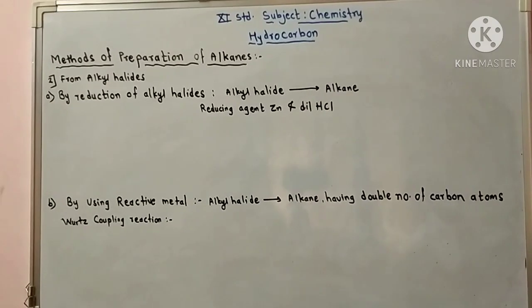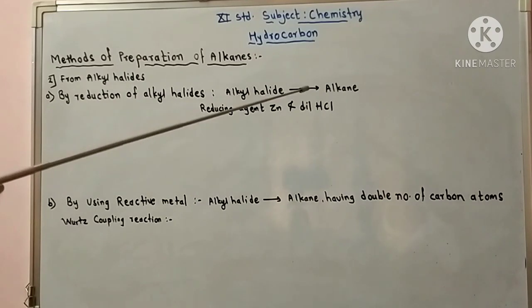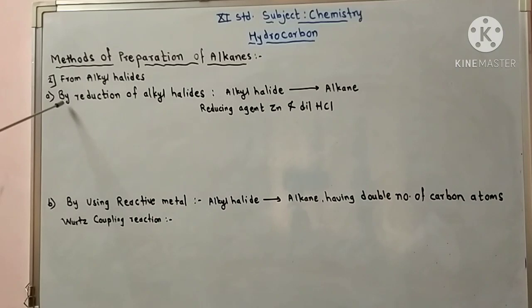Let's see the second method of preparation of alkanes from alkyl halides. The starting compound is alkyl halide, converted to alkane. The first method is by reduction of alkyl halides. This reaction is a reduction reaction.